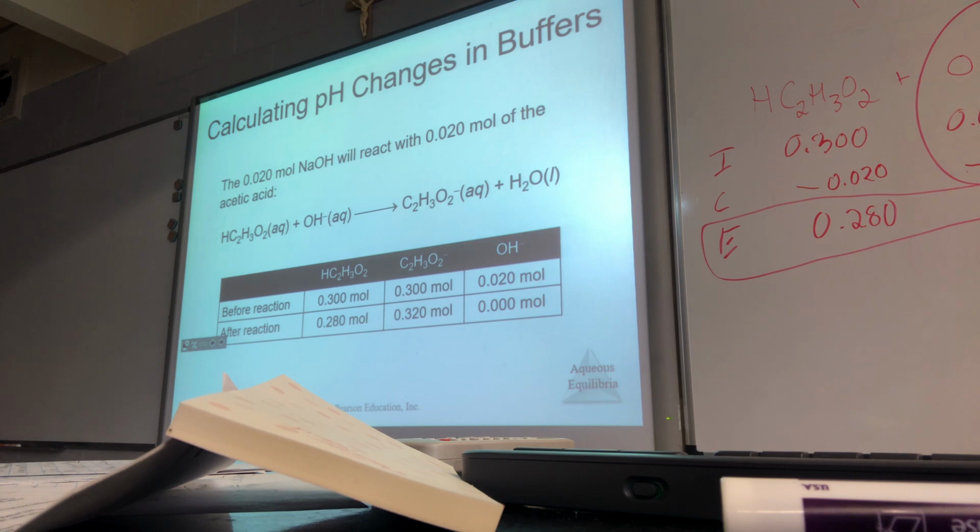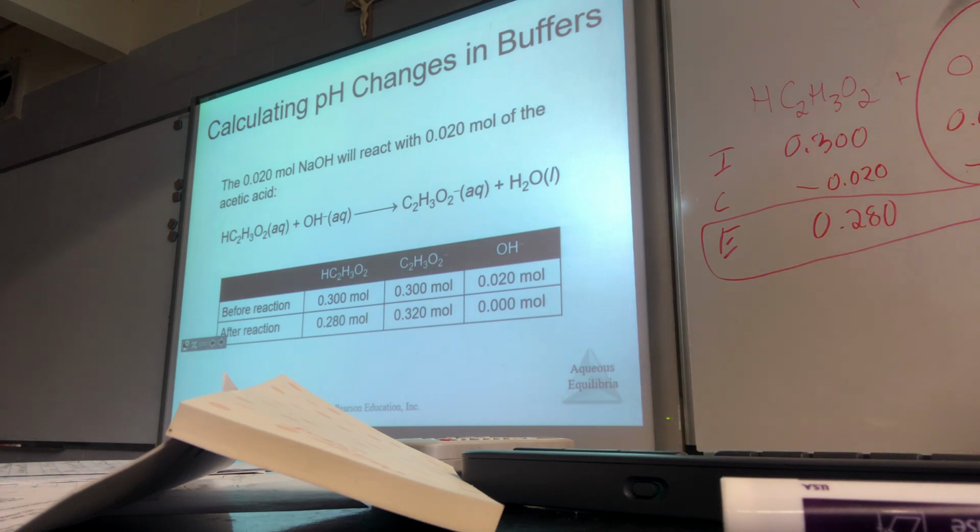We were asked the pH of the solution after the addition of the strong base. Do you agree that after the addition of the strong base, we're at equilibrium again? So we're going to use these values in our Henderson-Hasselbalch to determine what the pH change is. Now remember, we have the pKa from before.